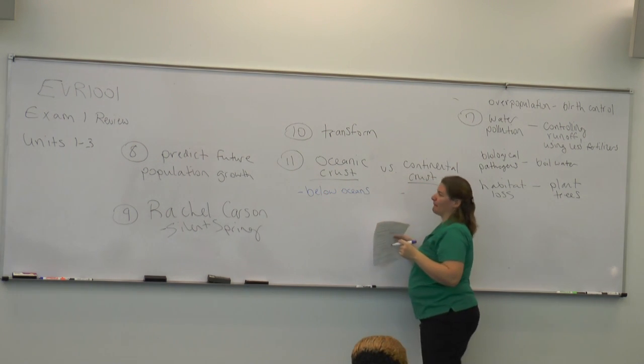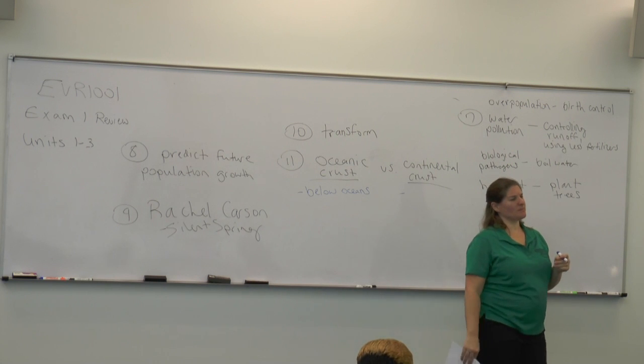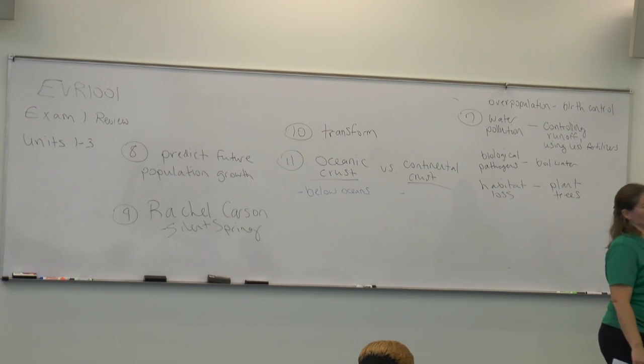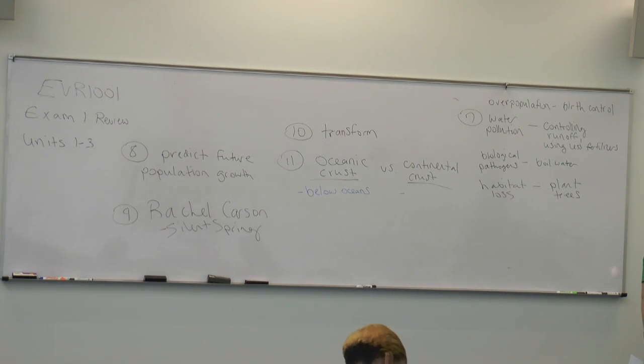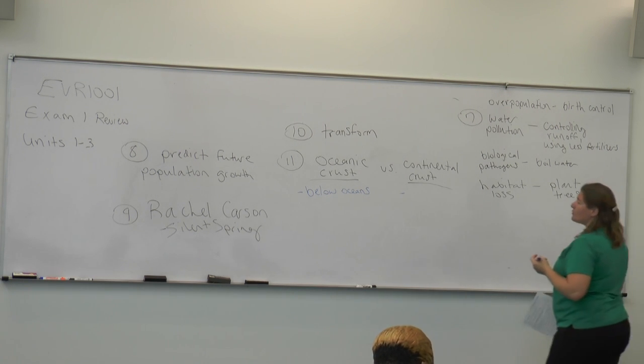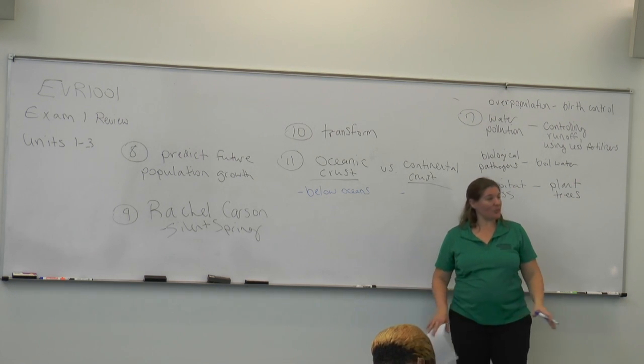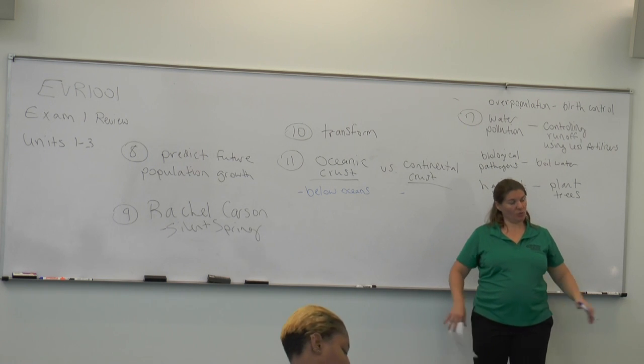Question. When we say crust, we're talking about the ocean. What about when there is water? Just the land, what do we call that? Well, the crust underneath the ocean water is oceanic crust. So it is the crust.